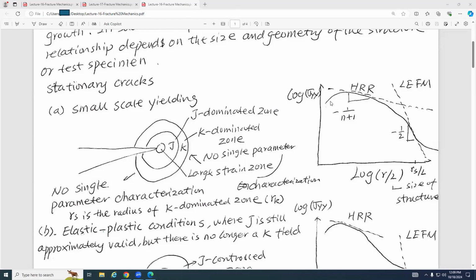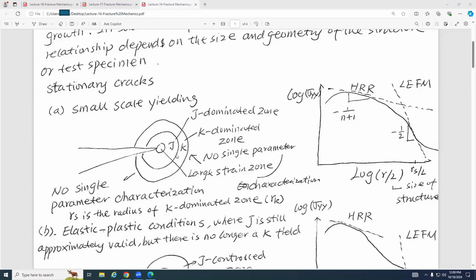Inside this plastic zone, you can see this HRR is not valid. You understand, guys? What I want to tell you is that for this area, I can use LEFM to approximate. In this closer area, I can use HRR. However, if R is very, very close to the crack tip, where there is a large strain zone, the HRR fails. HRR cannot predict accurately.